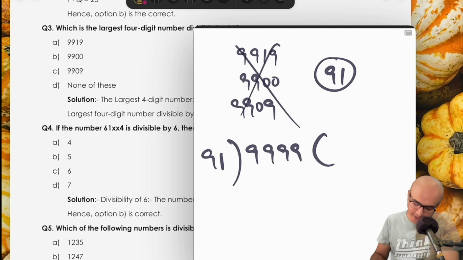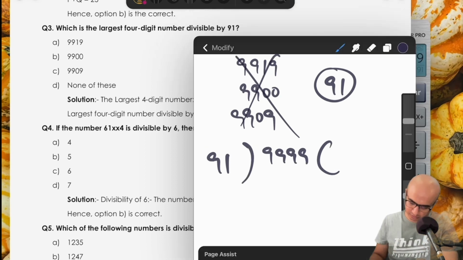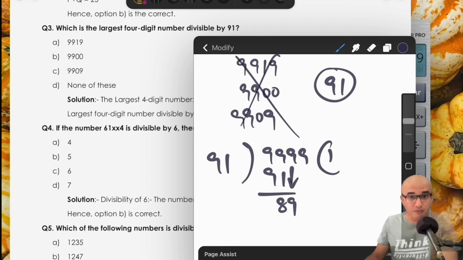So 91 ones are 91. 9 minus 1 will be 8, and we can carry down only one number, that is 9 from here. But we are left with 89, which is actually less than 91. So we cannot divide. So I'll add on 0 here. So this will become 890. Now we know 91 into 10 is 910.